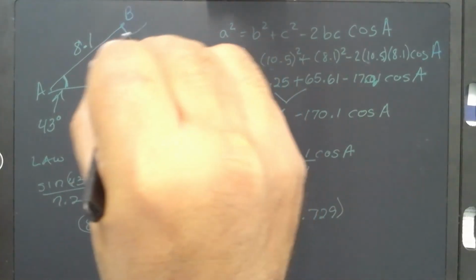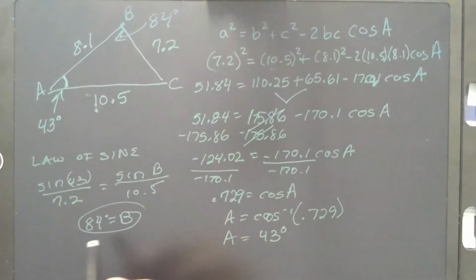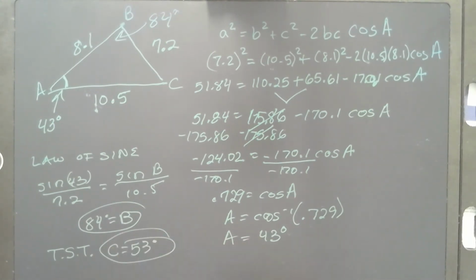Now the last one you could do is the triangle sum theorem, so C is equal to 53. And we're done. So notice, guys, that the first one was long, but then you went back in your toolbox, used different tools, and got the rest of the answer.